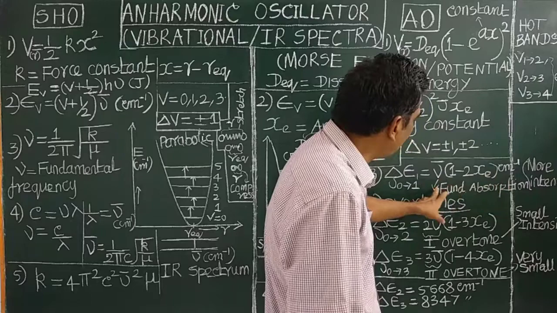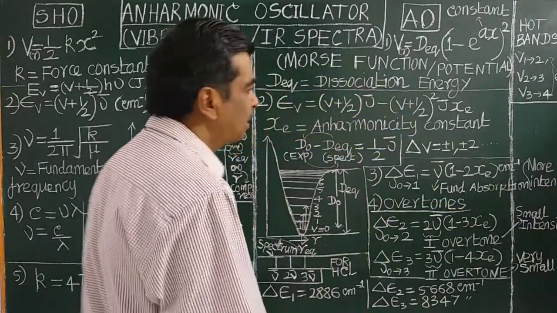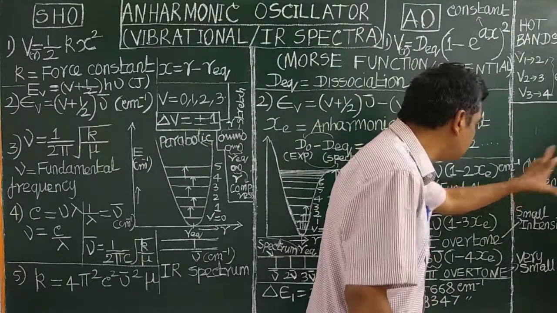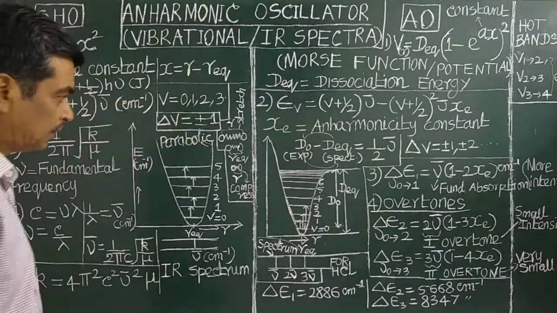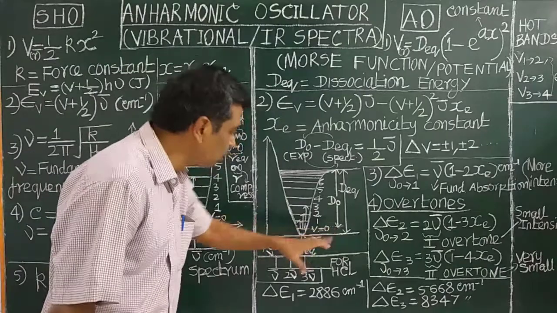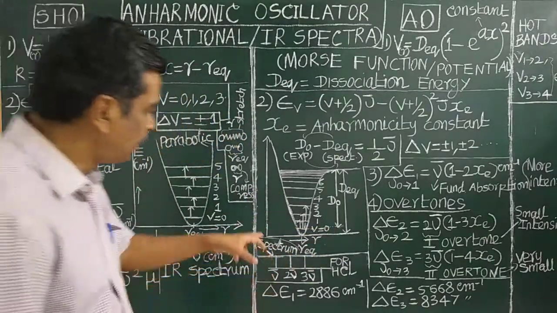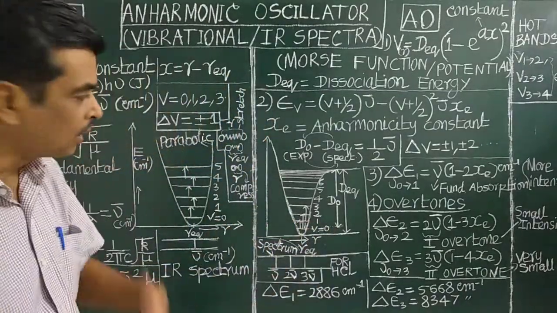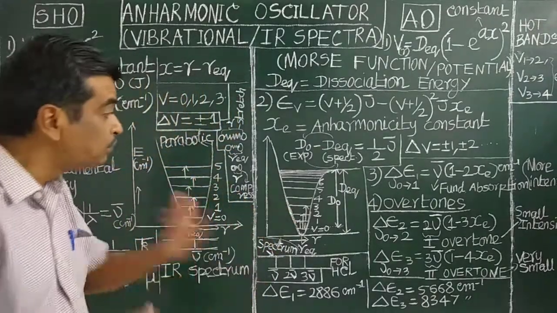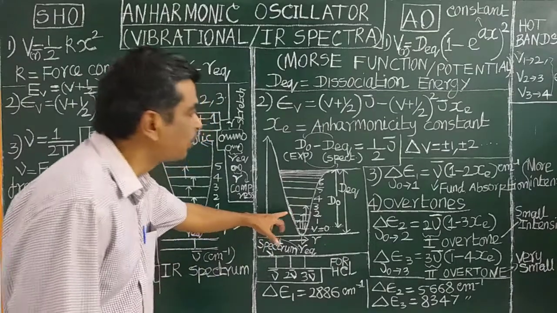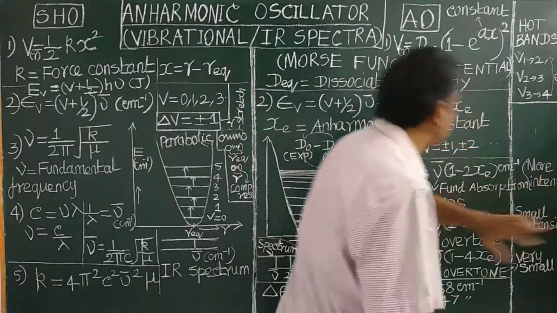This nu bar is the fundamental absorption wave number. This line is more intense because at room temperature the ground state, v equal to 0, is more populated. Therefore, there is a high probability of transition, and this peak is more intense.